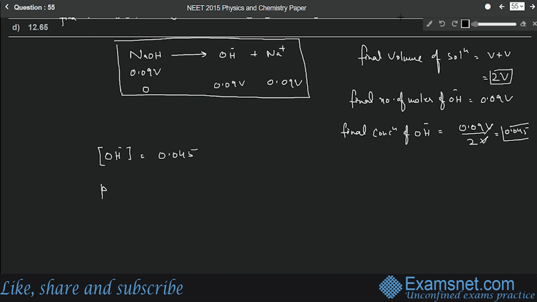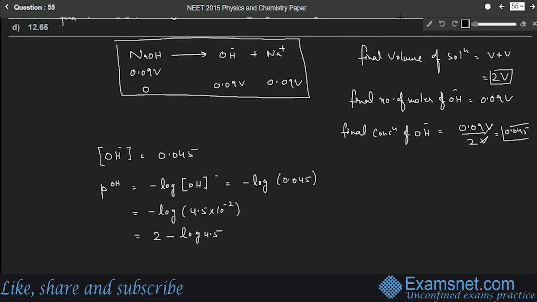So we can find out the value of pOH. pOH is equal to minus log the concentration of OH minus ion, right? That means minus log 0.045. Okay, so we can write it like this, minus log 4.5 into 10 to the power minus 2, to simplify. So it will be 2 minus log 4.5.